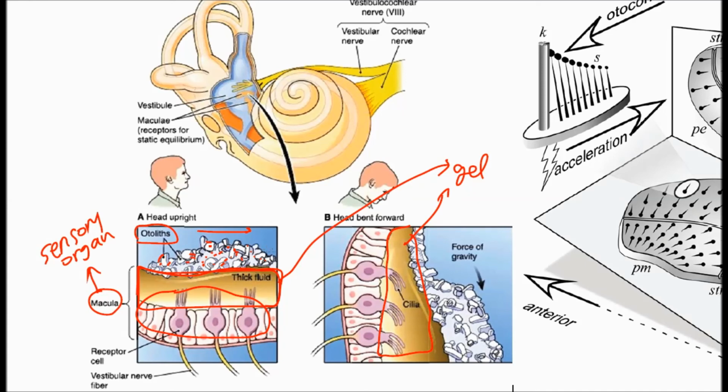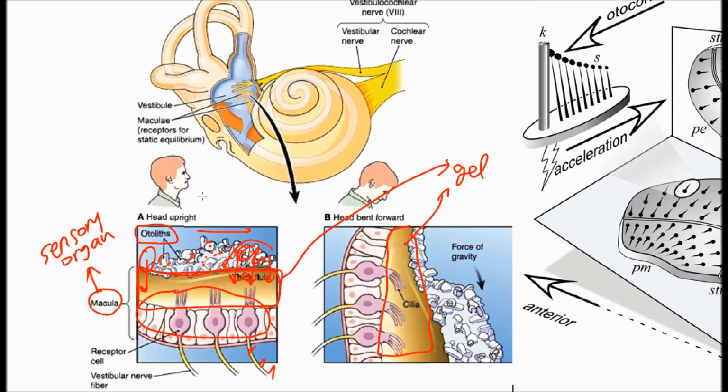So some will become more dense, so it will actually deflect the hair cell. Some areas will become less dense, so it will make the hair cell stable. So whenever there's a deflection of the hair cell, it will fire the action potential to cranial nerve number 8.